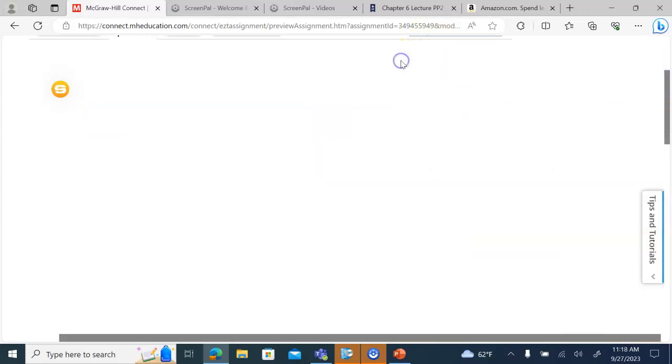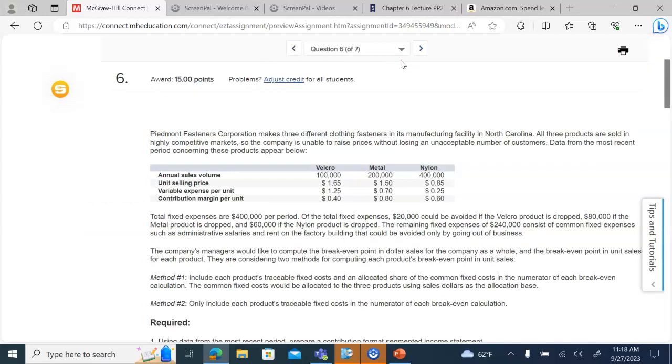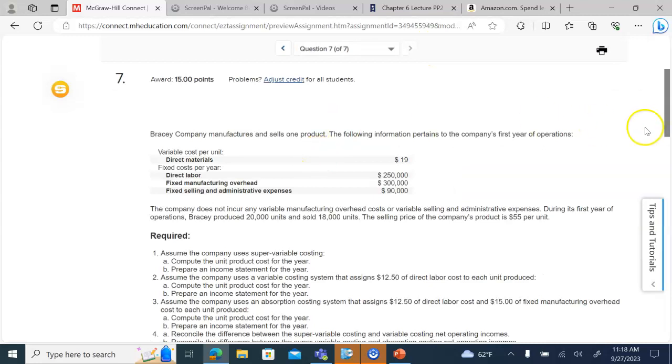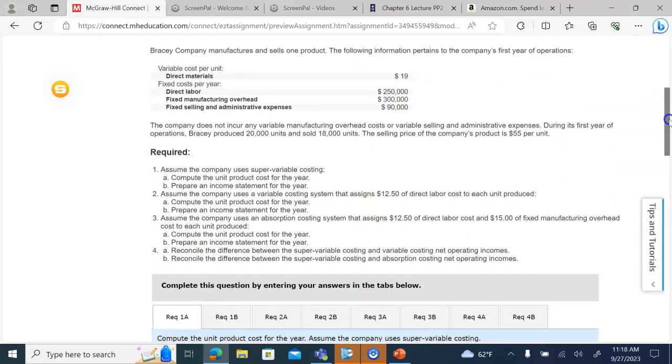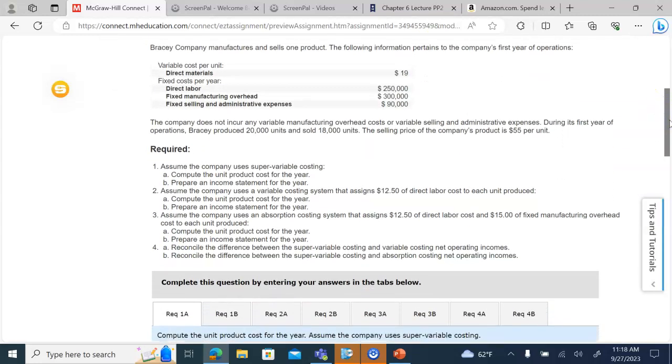Okay, let's look at one more. Bracy company manufactures and sells one product. The following information. We've got our variable cost, the direct materials, our fixed cost, we've got our direct labor, fixed manufacturing overhead, and fixed selling.